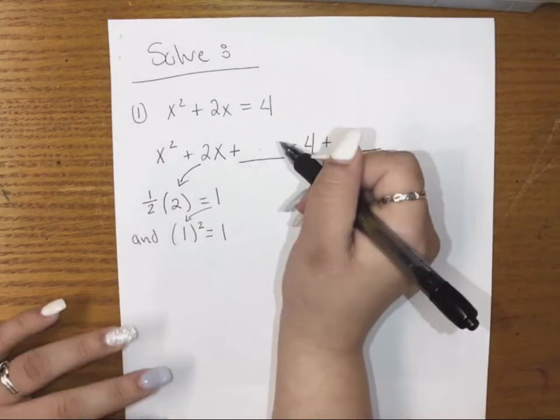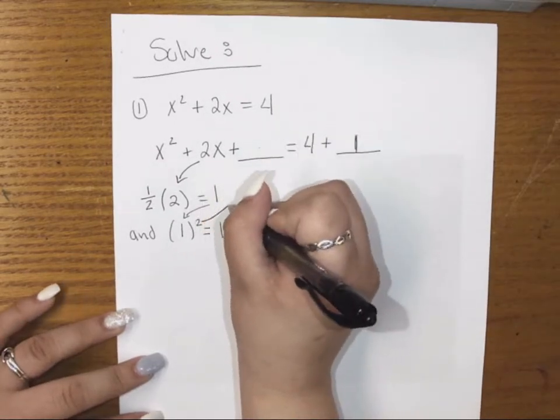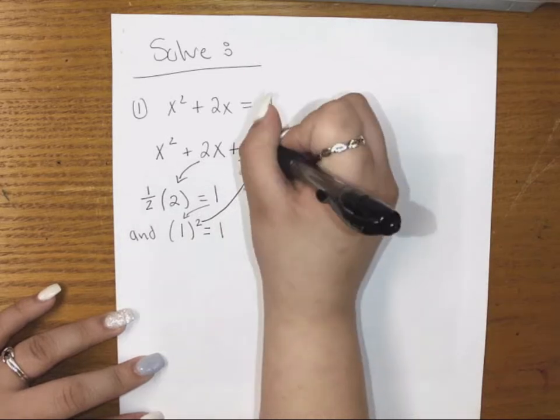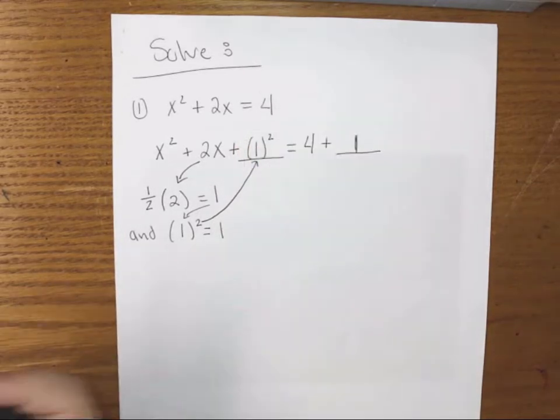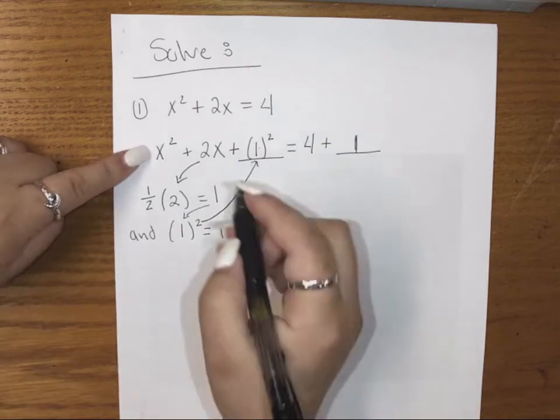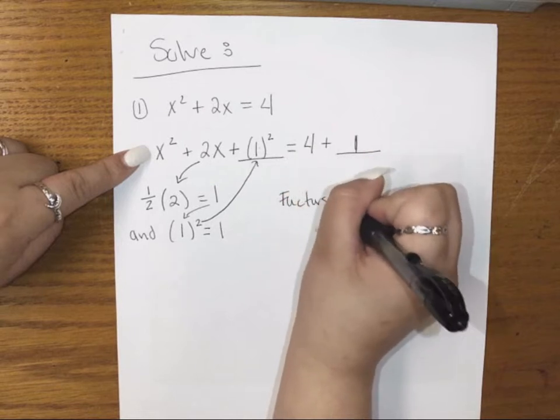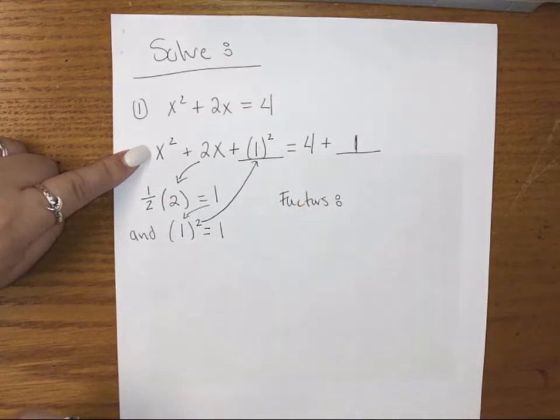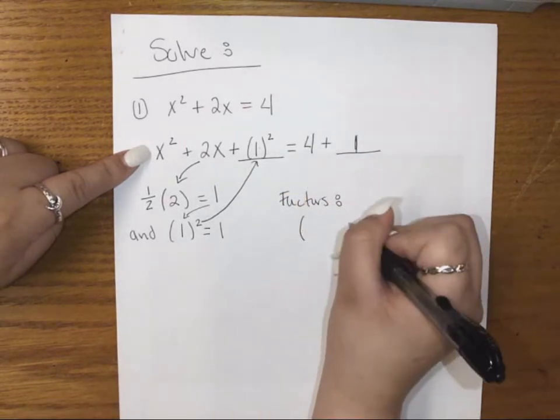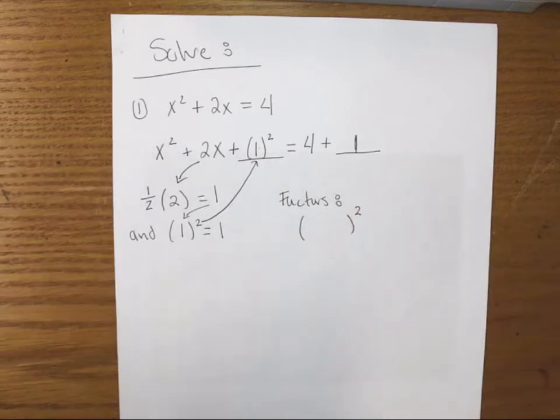When you're writing it here, I highly suggest that you keep it in the format of the number squared. The reason we're doing that is because now we're ready to go ahead and factor. We know it factors into the same group, so it factors into a group squared.